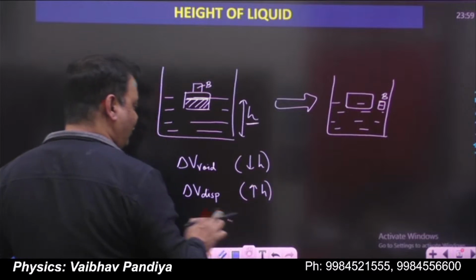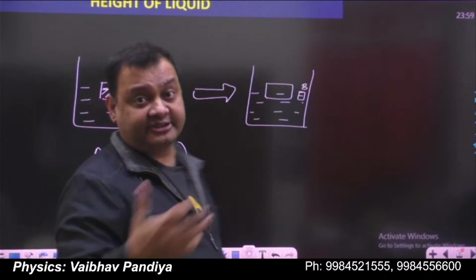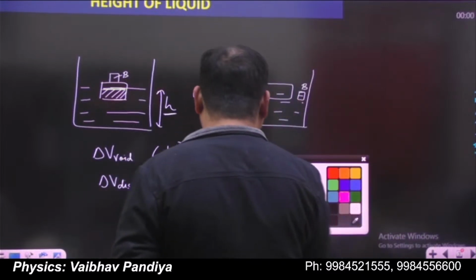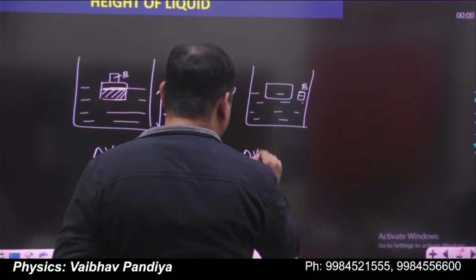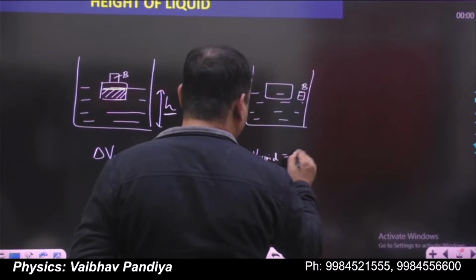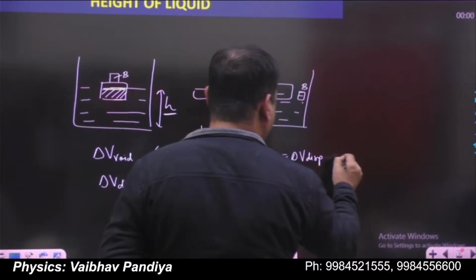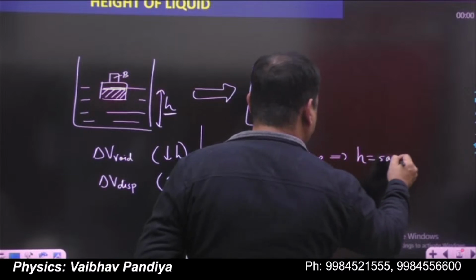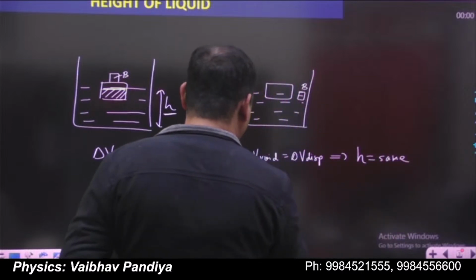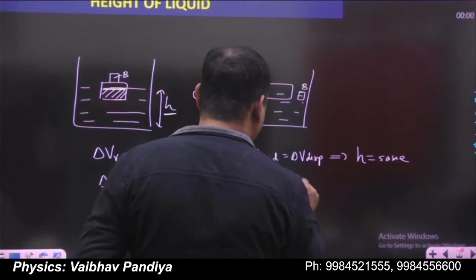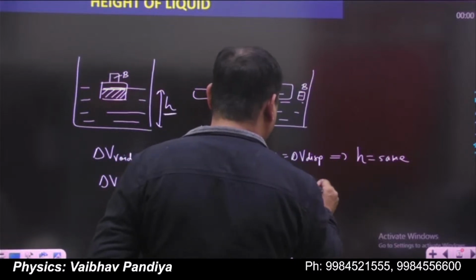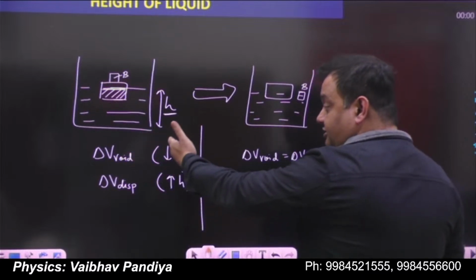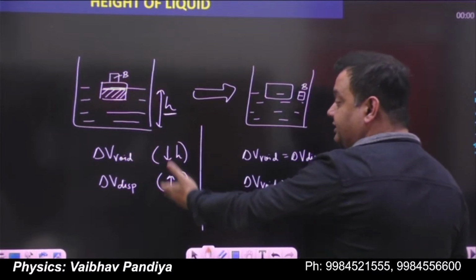Now, what will be the net effect on the height? This will be decided by the relative magnitude of these two volumes. If both the volumes are equal, delta V void is equal to delta V displace, then there is no change in the level of the liquid. H will remain the same. If delta V void is greater than delta V displace, correct? So what do you think? This volume is greater, so the decreasing level effect is more than the increasing level.